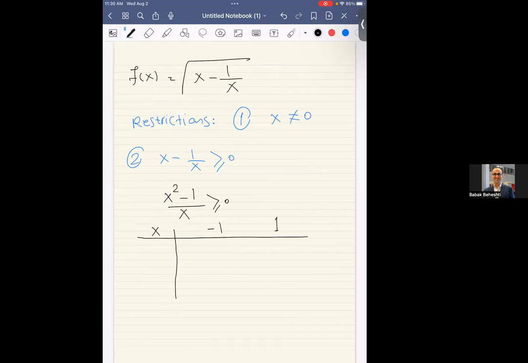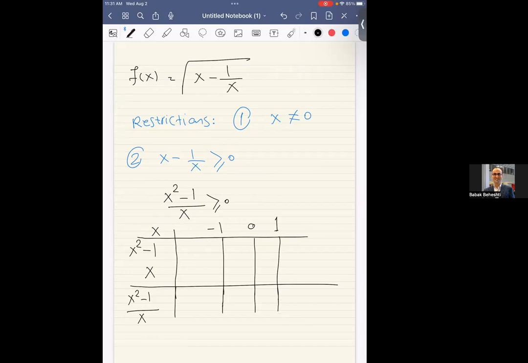What are the zeros of the denominator? It's just 0. So you see, I put first the numerator, x squared minus 1. Then I put the denominator, which is simply x. And then at the end, I put the whole expression, x squared minus 1 over x.